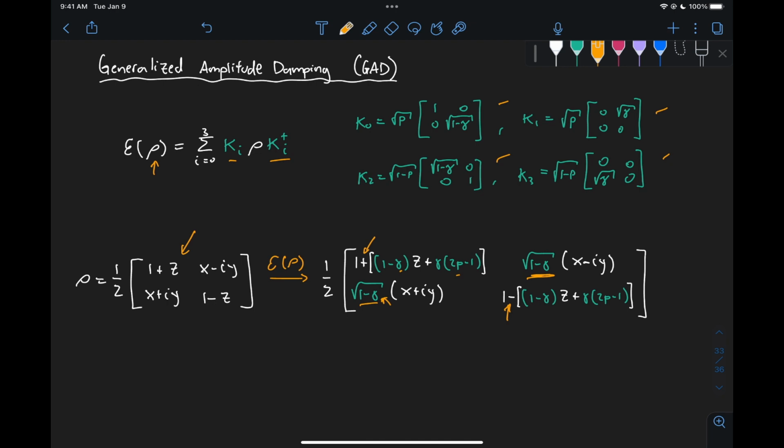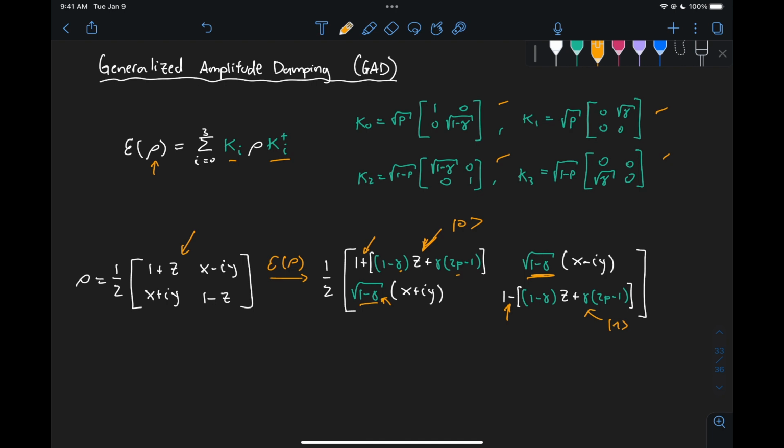So for example, for a positive value of gamma, we're going to see that the probability of occurrence of the zero state, which is this first term here, is going to increase, and the probability of occurrence of the one state is going to decrease.